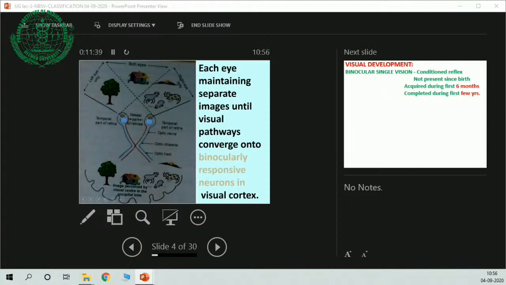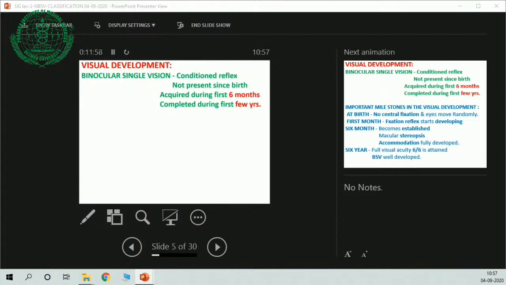All the vision, the left-sided vision, right-sided vision and central vision, is perceived here and combined. From the optic tract to the visual center in the occipital cortex, these visual pathways converge onto the visual cortex. Is that clear? Yes. And thus the binocular single image can be enjoyed by any person.